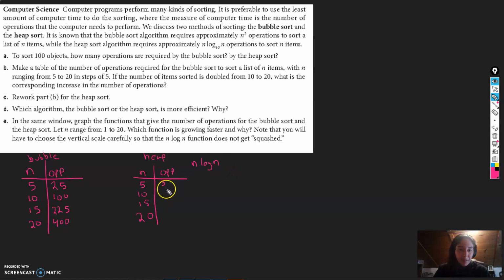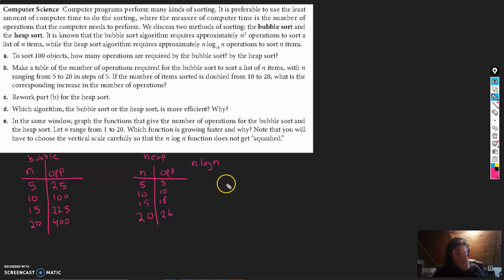Well, 1. 10 times 1, this will be 10. For 15, this will be 15 times log of 15, rounded, this will round up to 18. And 20 times log of 20 gives us, rounded, 26.